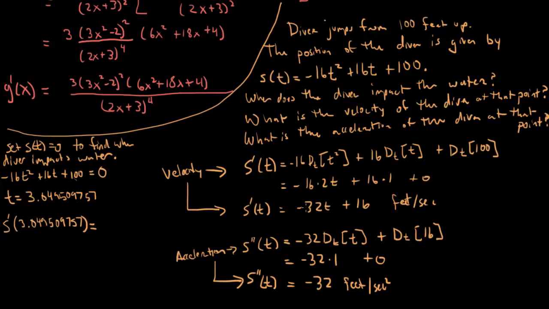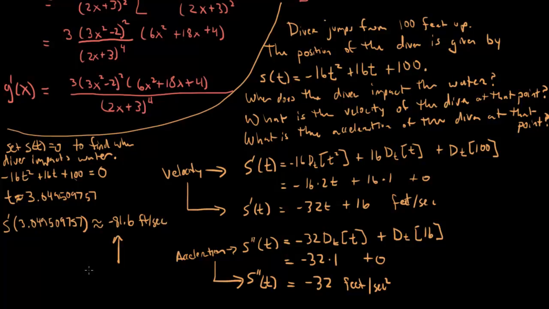So it's negative 32 times that t value plus 16. I'll use my calculator real fast. So negative 32 times that number that's barely over 3 plus 16, and I get the velocity. I won't say equals, I'm going to round here. It's approximately negative 81.6 feet per second.